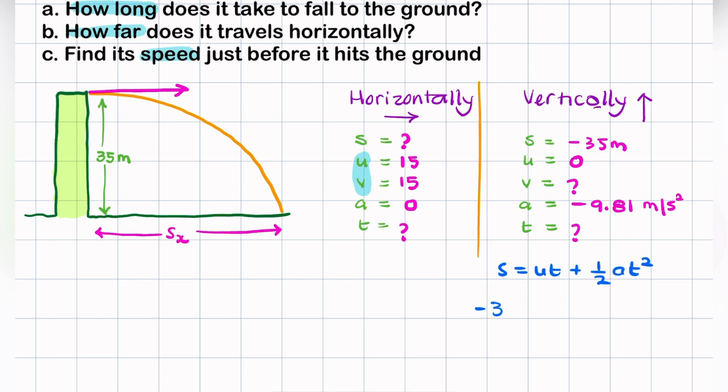So my negative 35 is equal to 0 plus half times minus 9.81 t squared.